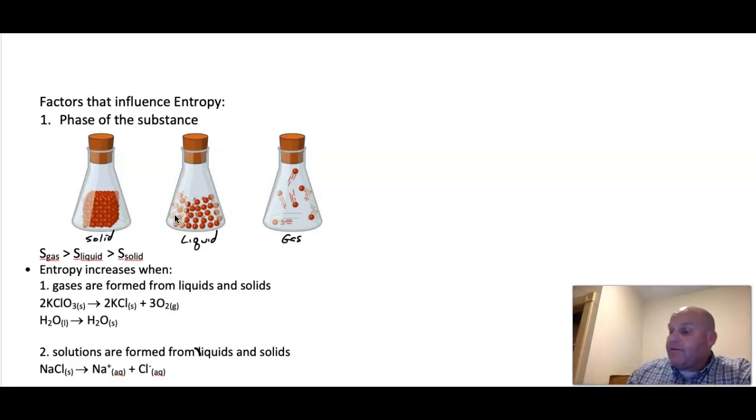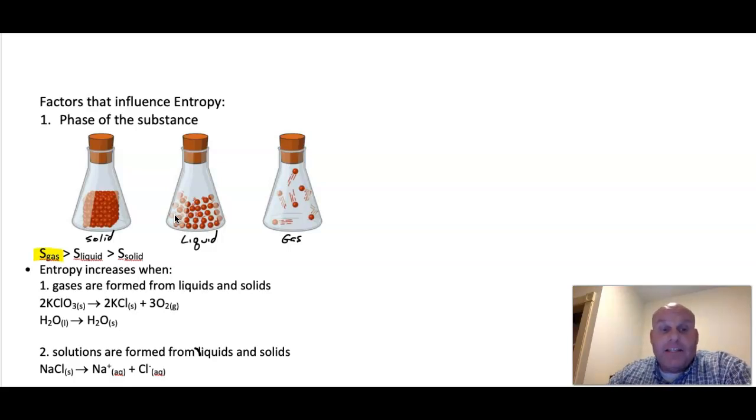If I think about this with respect to entropy, or the amount of disorder or randomness, then of the three states here, a gas would have the greatest amount of entropy, followed by a liquid and then a solid. Okay, so this helps us in our first way to predict whether or not we have an entropy increase or decrease.